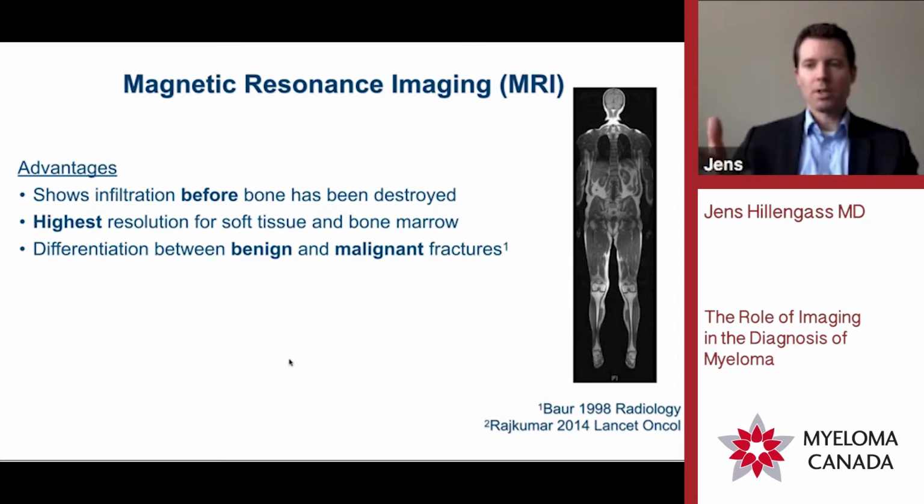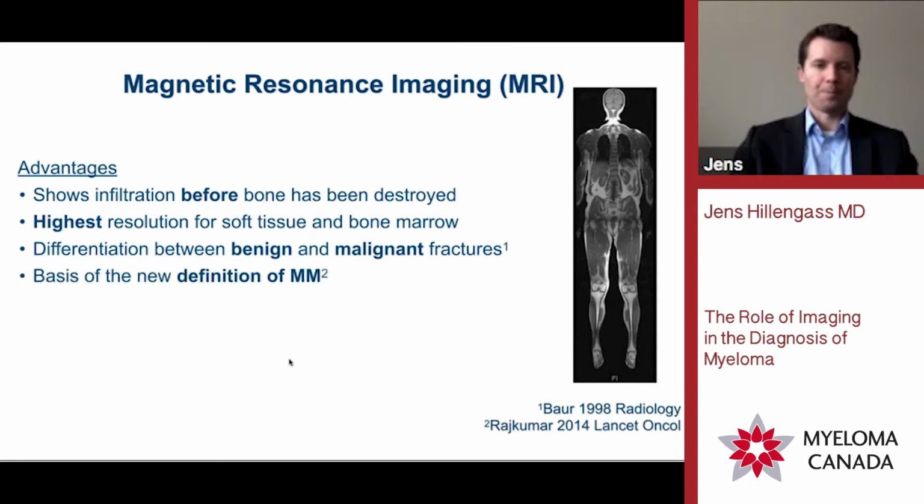And as I mentioned, MRI is very good in differentiating between fat and cells. And so high cell content, rather myeloma, high fat content, rather benign osteoporosis, which can occur especially in postmenopausal women, but also in men. It has been included into the definition of multiple myeloma. I will show you later what I mean with that.